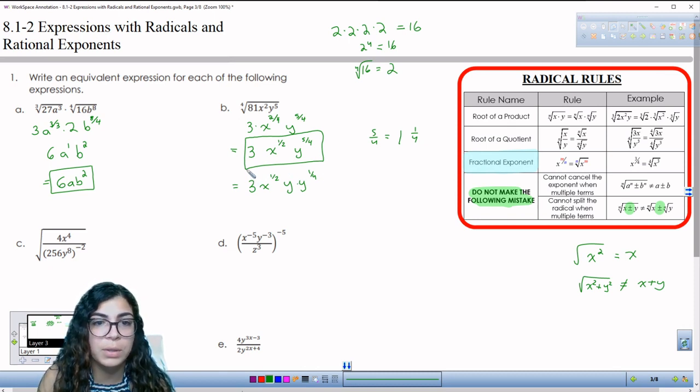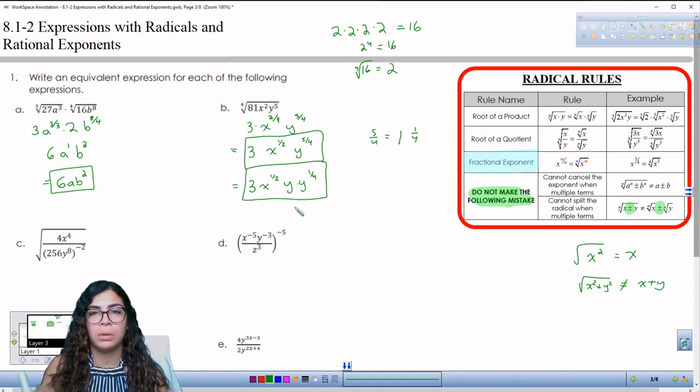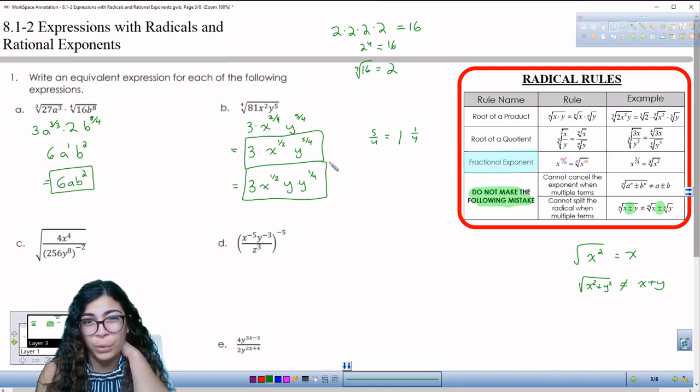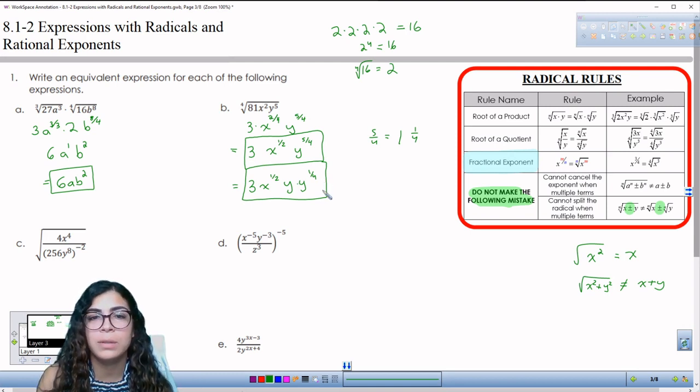Now, I personally don't think that we should write it like this, because then you have multiple bases, which defeats the whole purpose of making sure that you have only one base. But depending on, like on the SAT, you might see it like this or like this, but they would never give you both answer choices as like which one is correct.